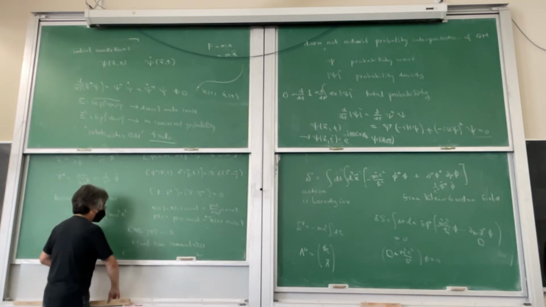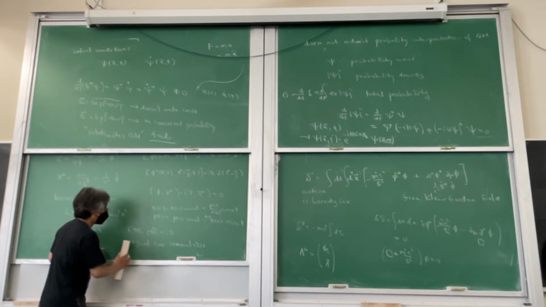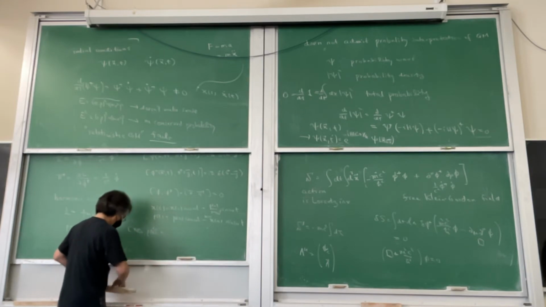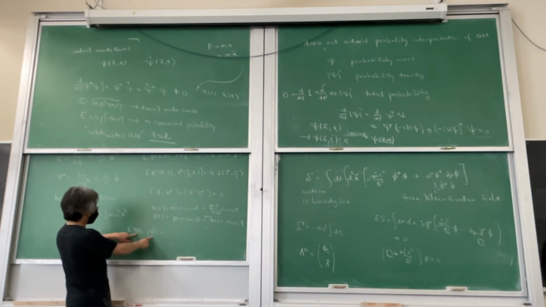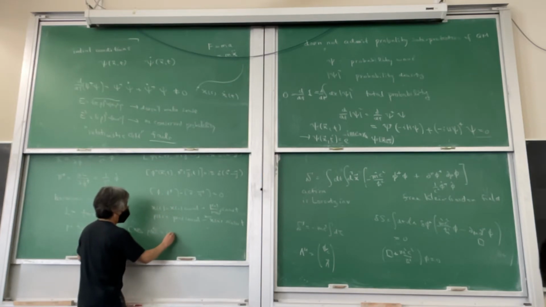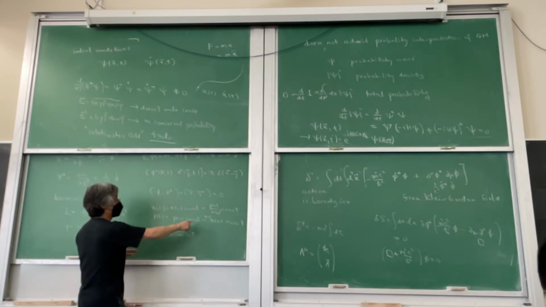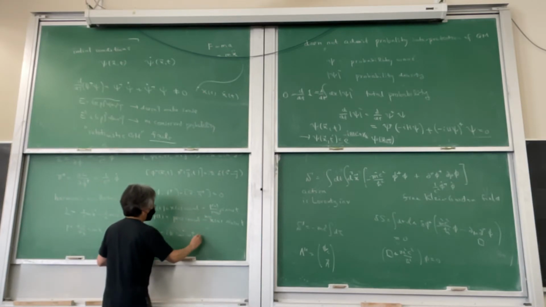And if you evaluate this at different times, the pieces that don't commute are this times that one, so i h bar cosine squared omega t, and also this and that one.